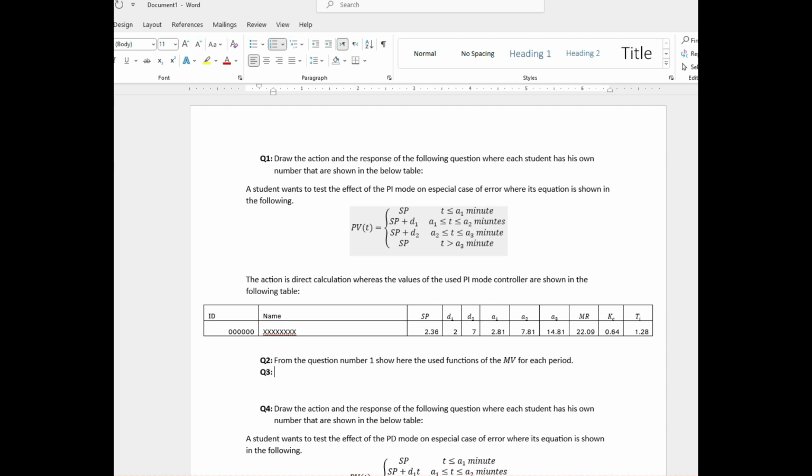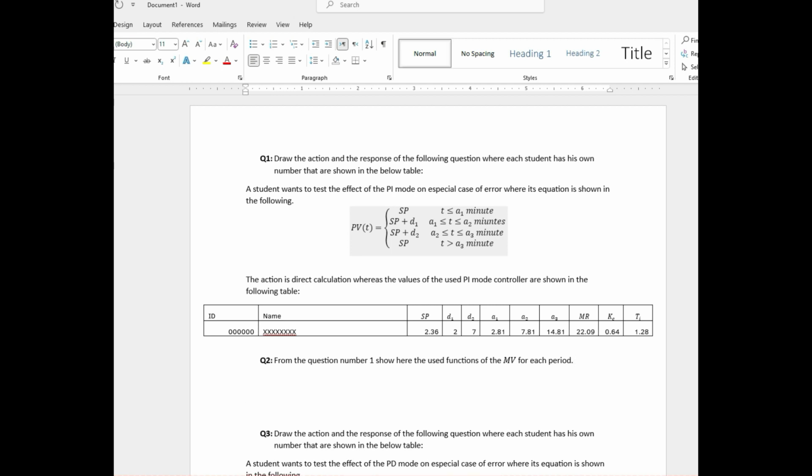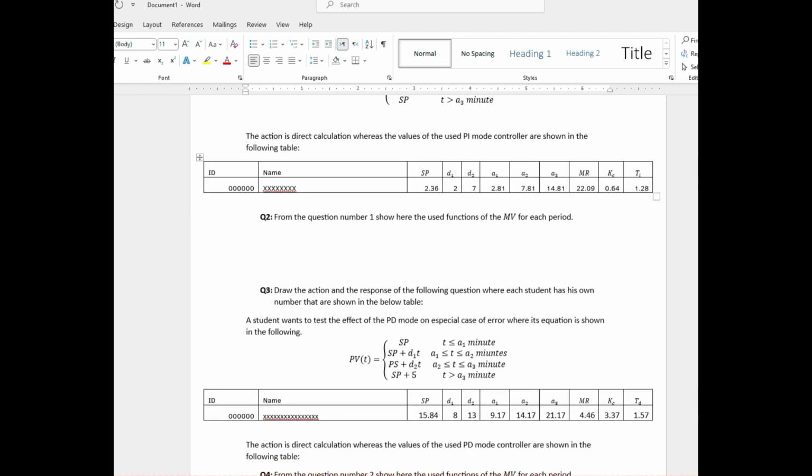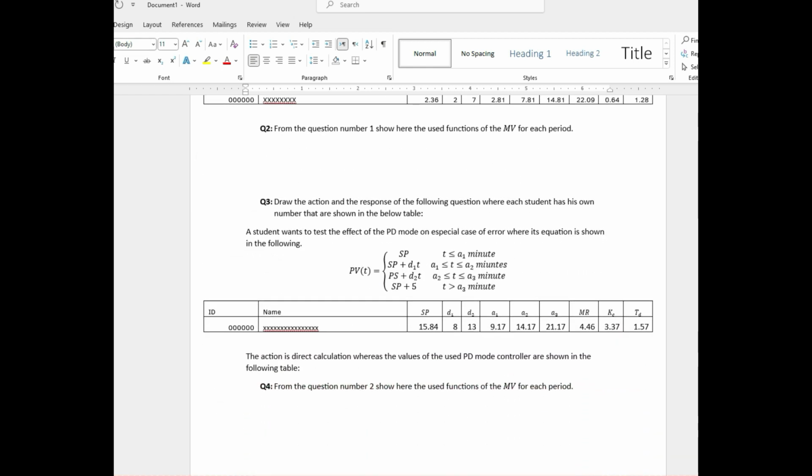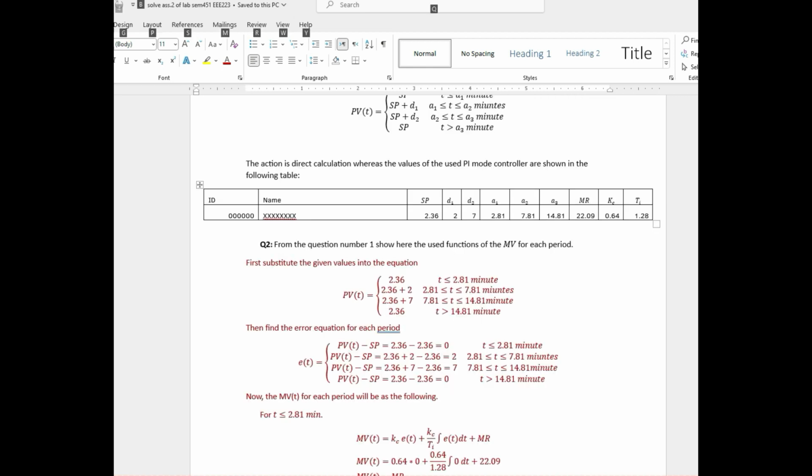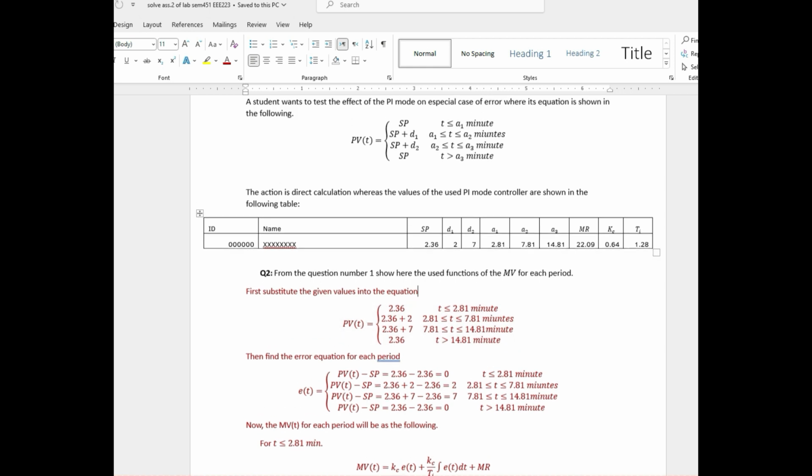So here I will try to write the equations and how we can draw these equations. Now these are the equations for our MV. First, before writing the equation of MV, we need to substitute the values for PV. I take the equation of the PV that's shown here with symbols and substitute each symbol with the given number.